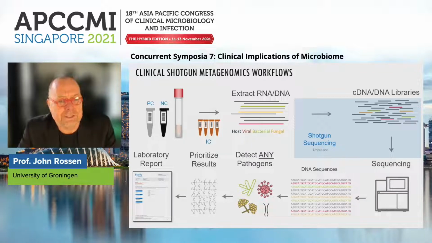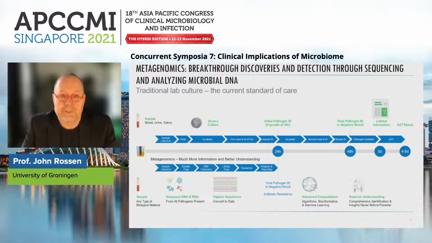This technology is able to detect any pathogens, and it generates a lot of data. Therefore, we need to prioritize the results before we put them in a laboratory report and hand them over to a clinician.